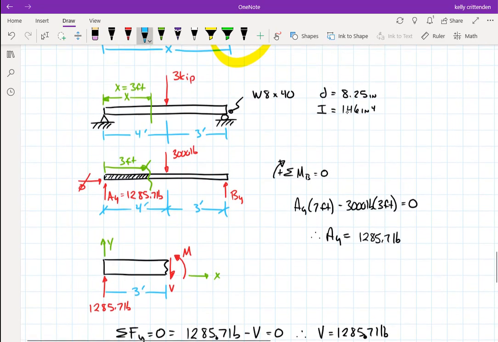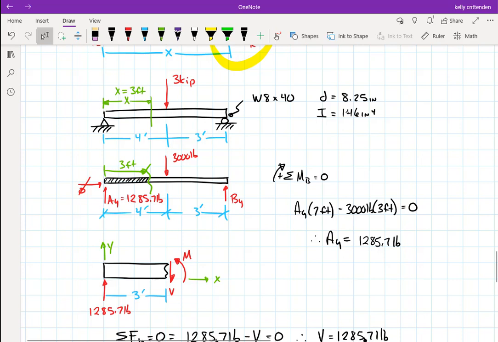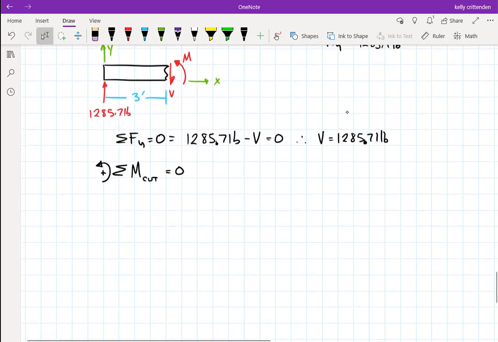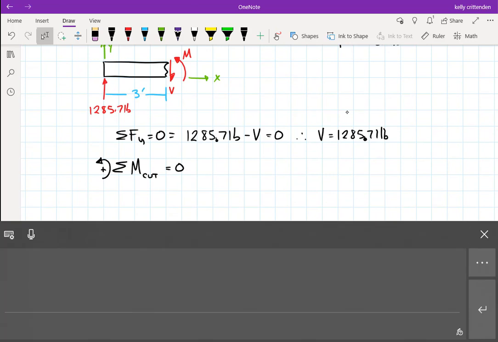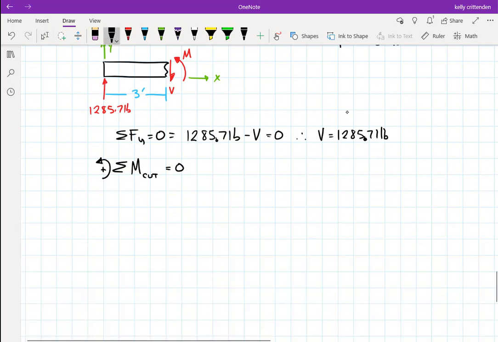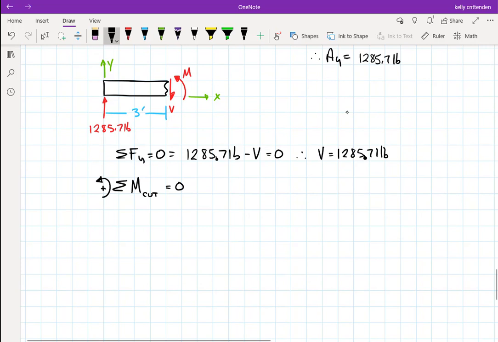That was part of the original problem: we wanted to know something about the flexural stress 3 feet in. So we've got a dimension there. So I have going clockwise, so negative 1285.7, this is AY, times 3 feet, creates one moment.